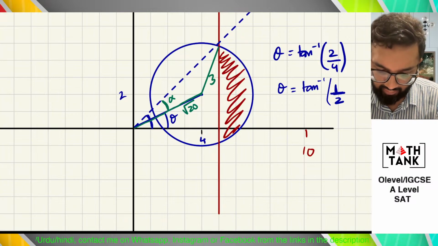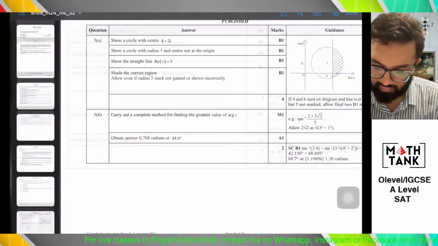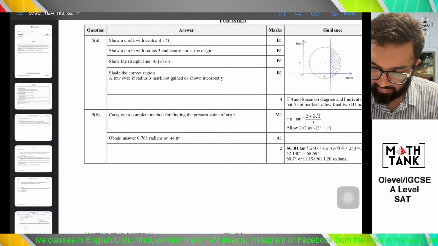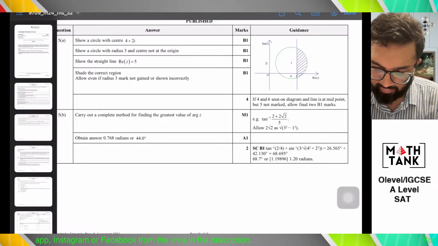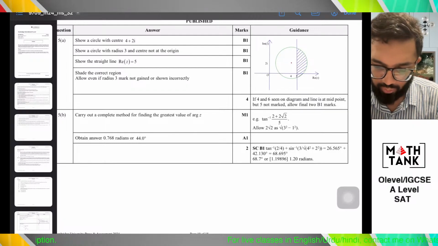This is 3. Where is the 2 root 2 coming from?